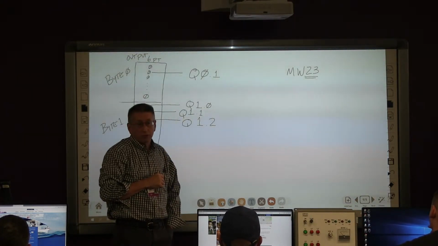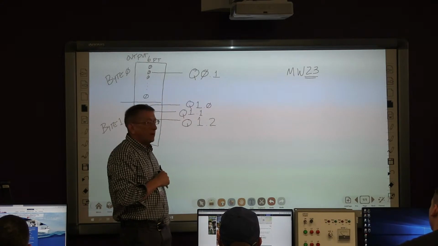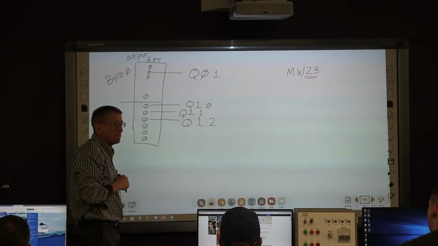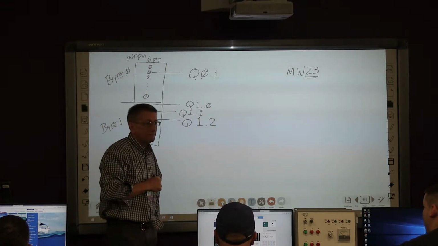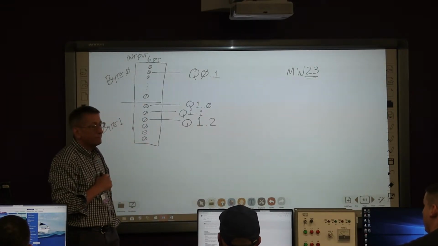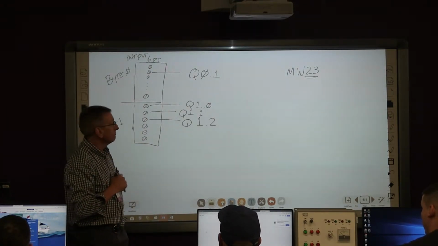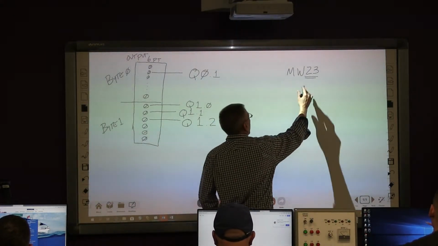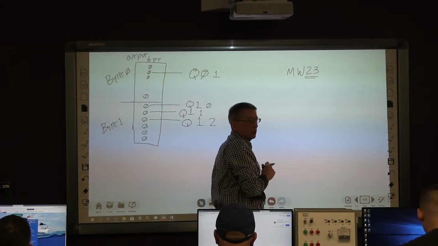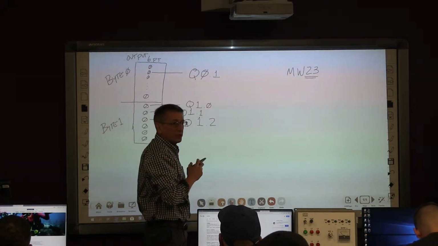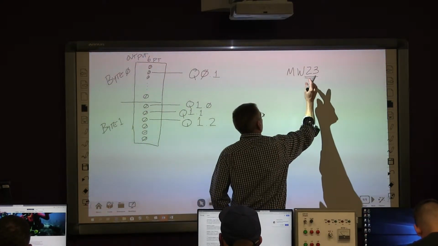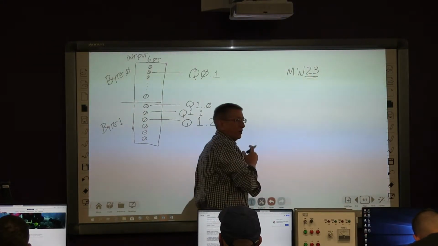That's only if you have all the bits and the word fulfilled. If your inputs and outputs are not made, you're not going to have the memory word made at all. And this is just an address, that's all that number is. It's just a byte address.